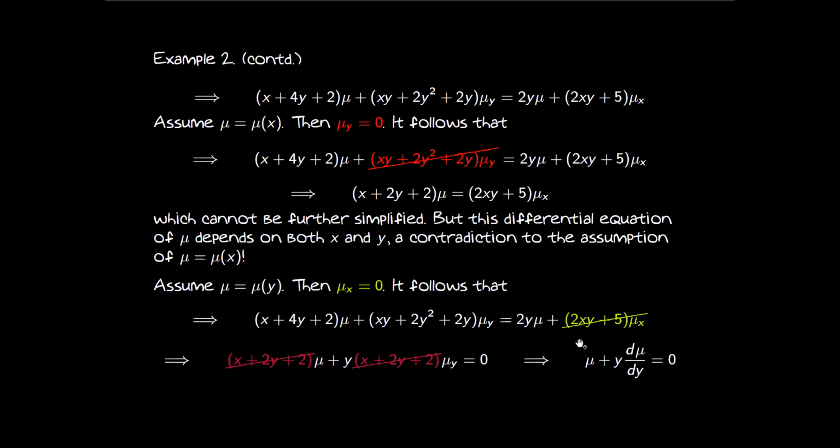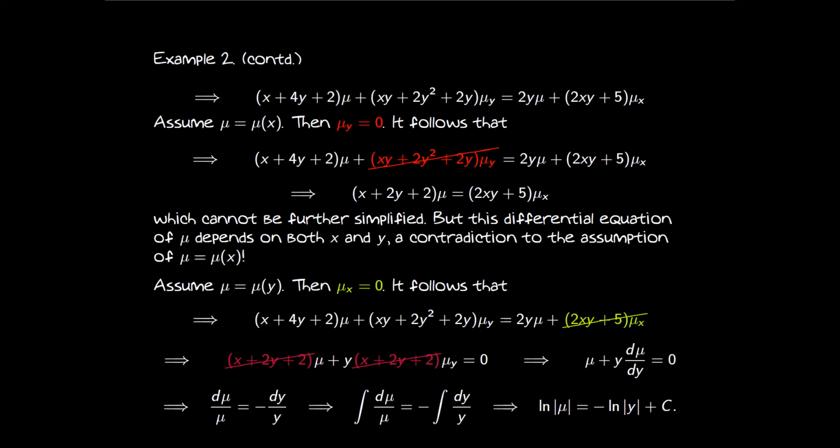And then we end up with the equation of mu and y. Okay, so that means your mu here depends on y, which is what we assumed, right? So we can go ahead and solve this. We know this, again, is a separable equation for mu, right?